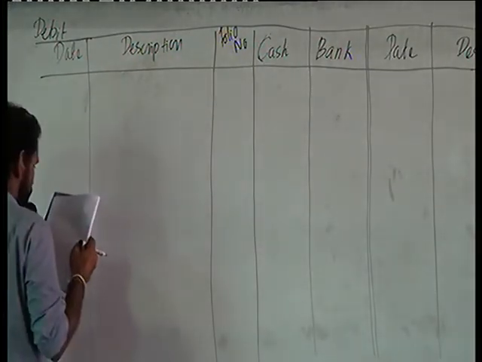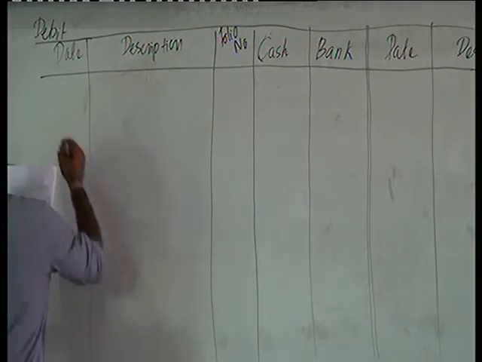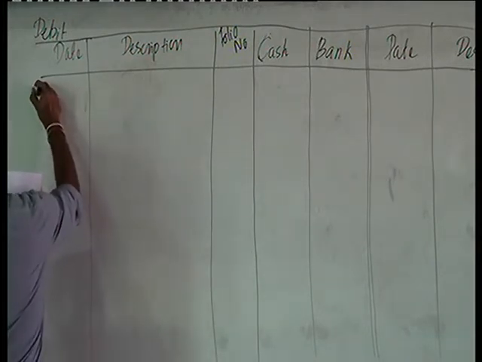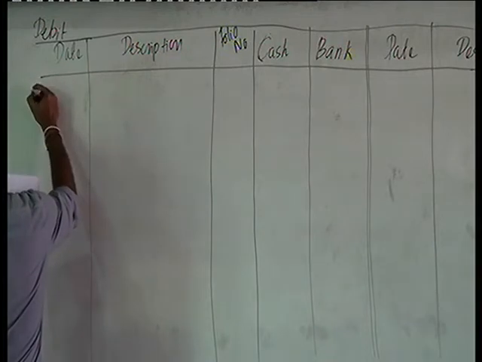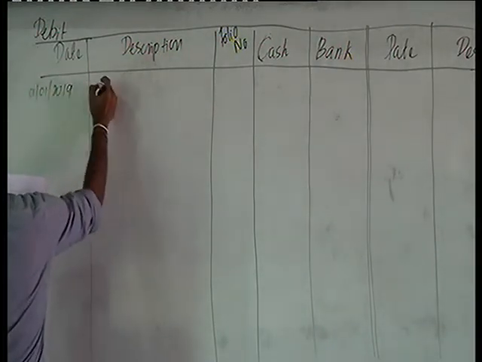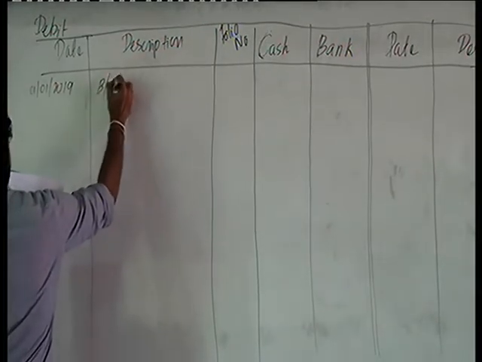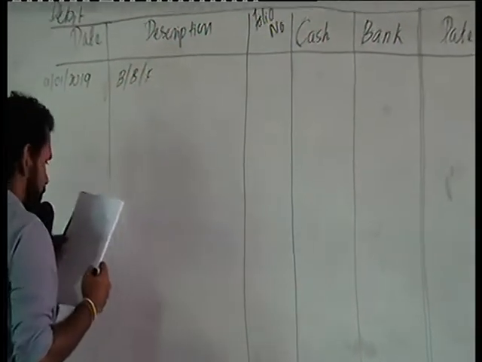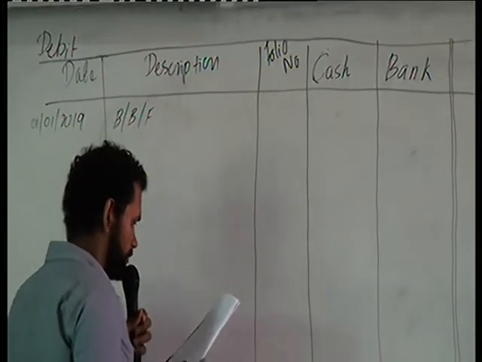So here what we are doing is, first, January 2019, balance brought forward, that is the balances that they have deposited.